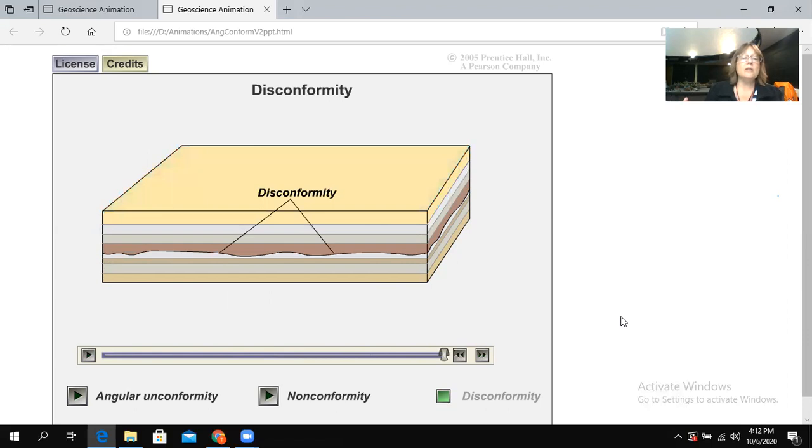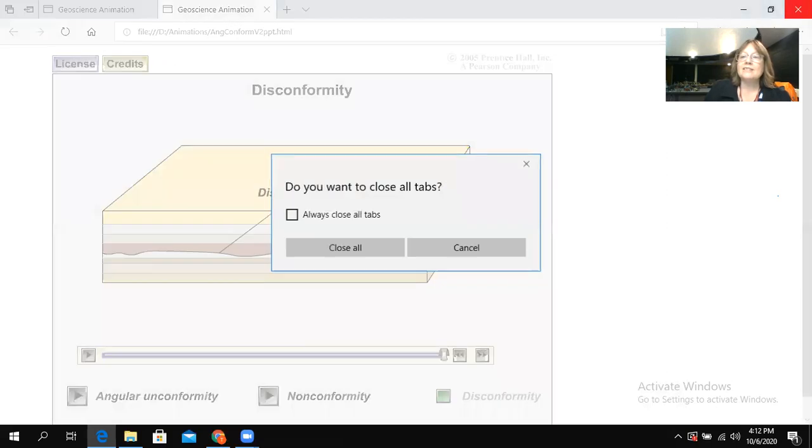So this type of unconformity is much harder to identify because it's flat layers, erosion surface, more flat layers. So this is where they would use the fossils. There would be a huge gap in the age of the fossils, and that would identify it as a disconformity. All right, that's it for today's lesson.